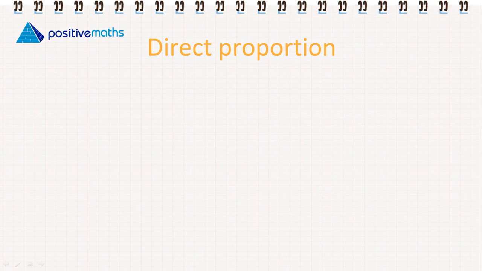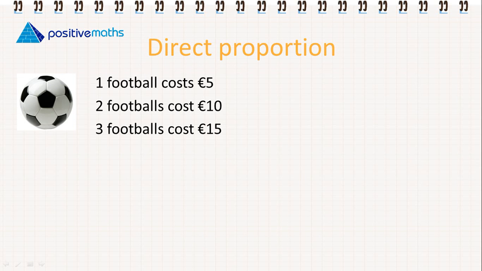So we're going to talk about direct proportion. Let's take an example. If one football costs €5, then 2 footballs cost €10 and 3 footballs cost €15. If we were to write this as a ratio, it would be 1:5.